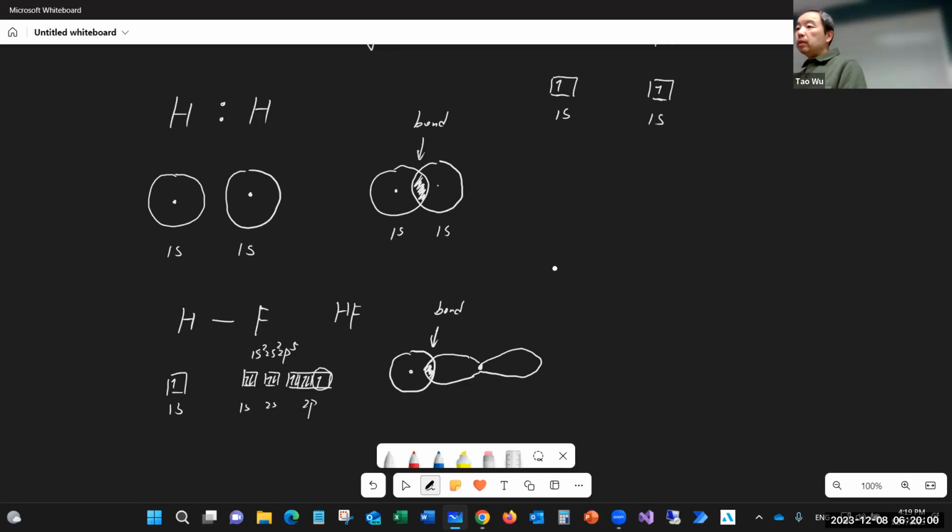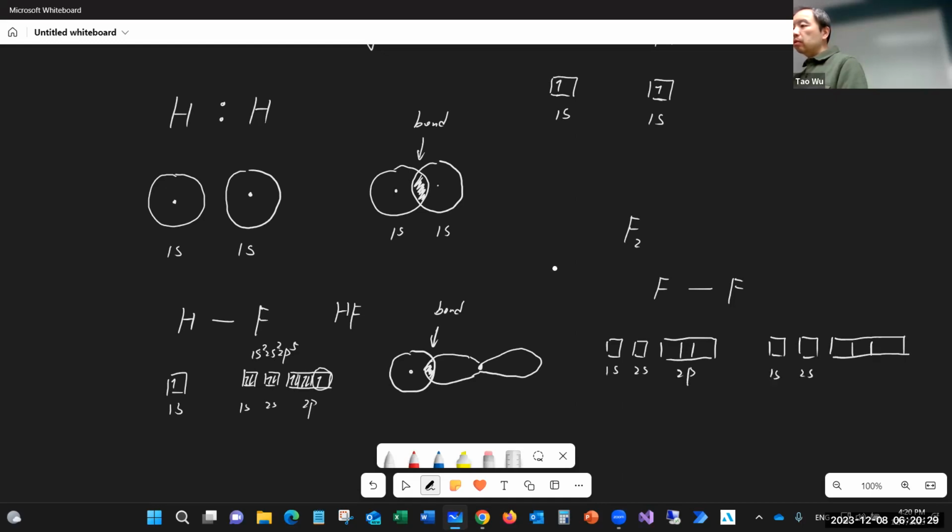And if you're talking about fluorine gas, what is it? It's a fluorine and a fluorine together. So this one is 1s, 2s, and 2p, and this is also 1s, 2s, and 2p.